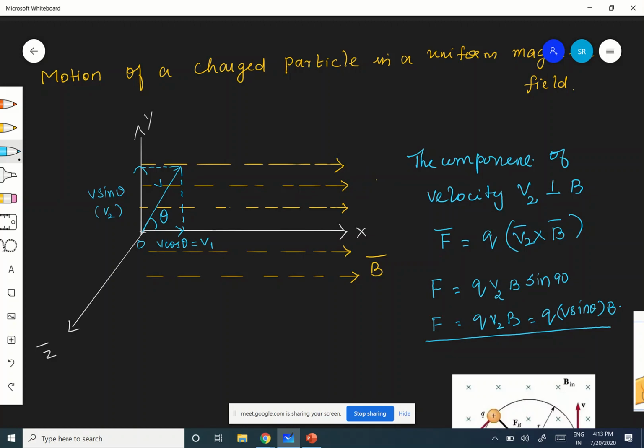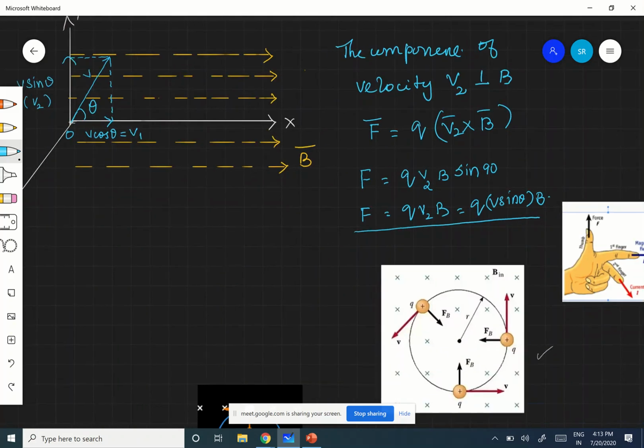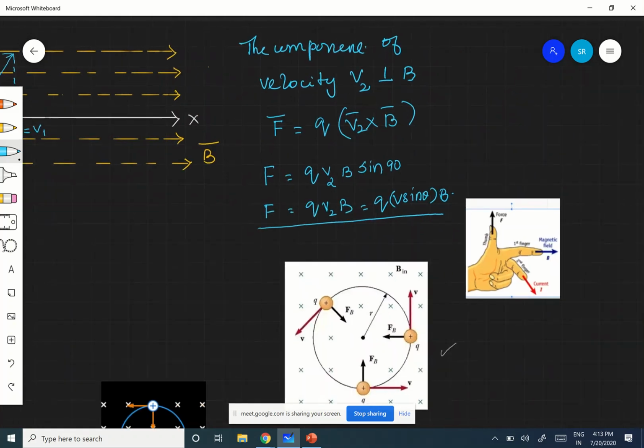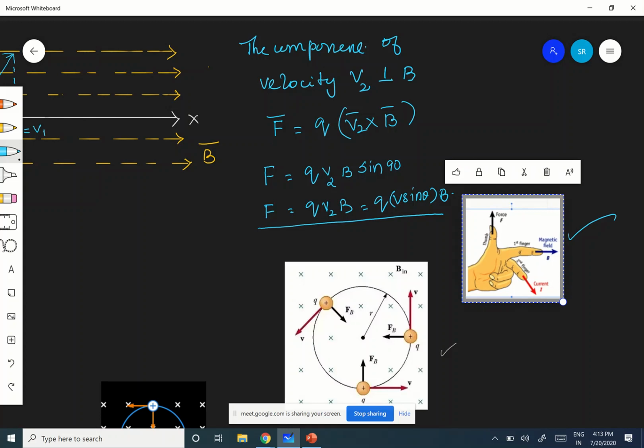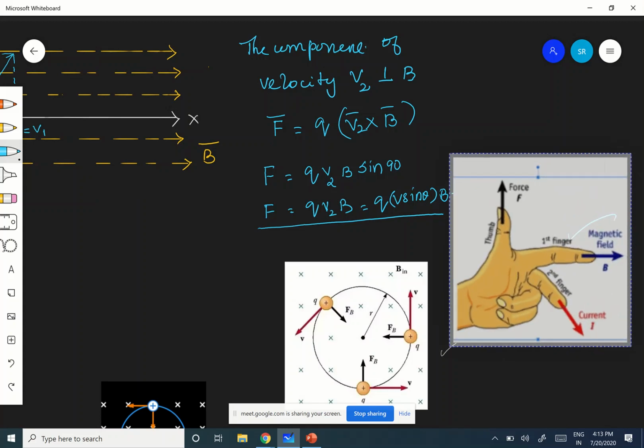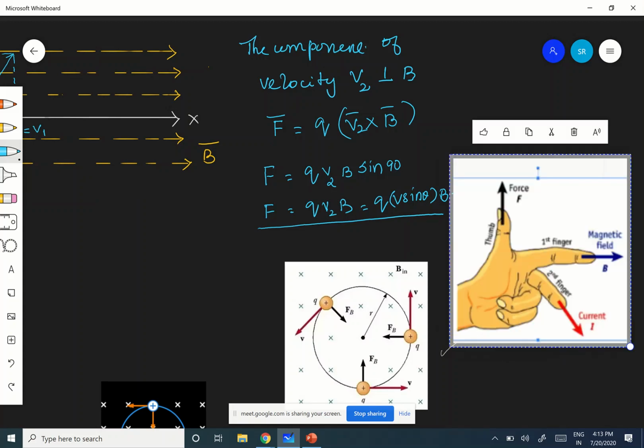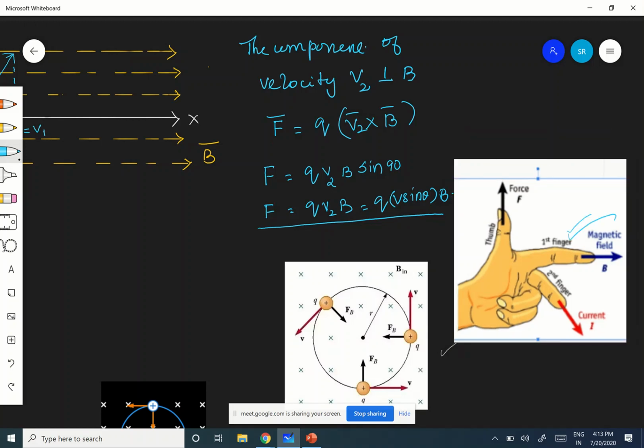Because here V2 and B are perpendicular, I think you can make use of your Fleming's left hand rule. See, what is Fleming's left hand rule? If you stretch the first two fingers and the thumb of your left hand mutually perpendicular to each other such that the first finger shows the direction of the magnetic field, the second finger shows the direction of the current.